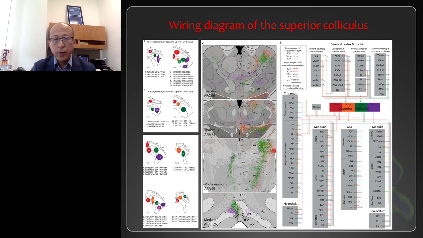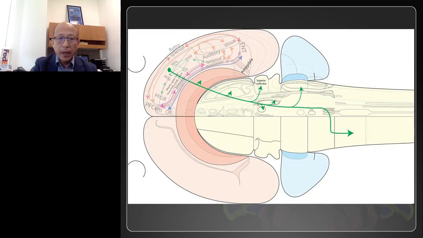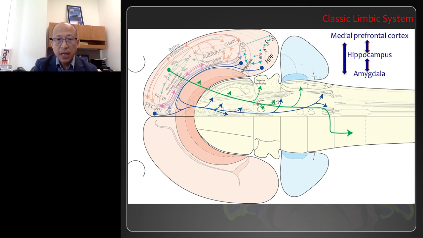Eventually we are going to map the connectivity for the entire brain, and also look at how the different circuitries are put together as global neural networks. Another really important set of the cortex is the classic limbic system.